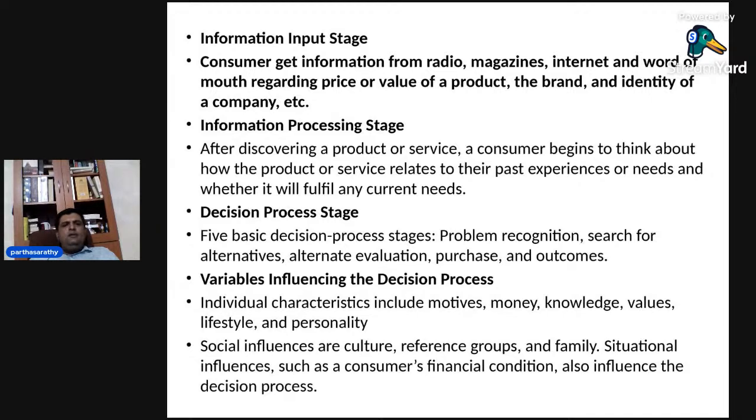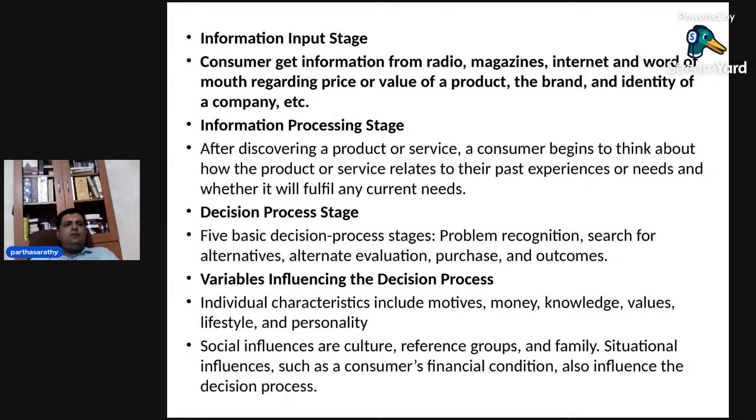So where do we get the information? From radio, from magazines, the internet, word of mouth, value of the brand, and the identity of the company. So we receive input through these sources. Now what happens in the information processing stage?